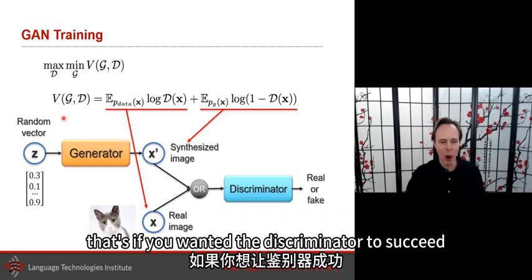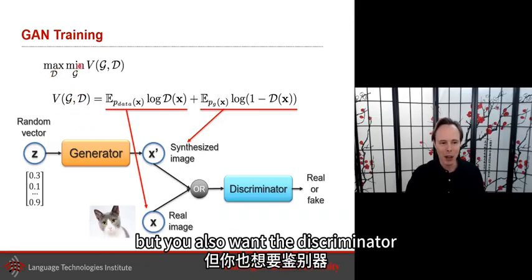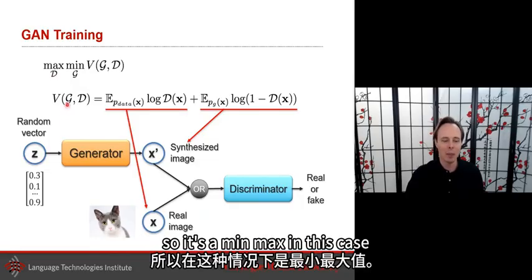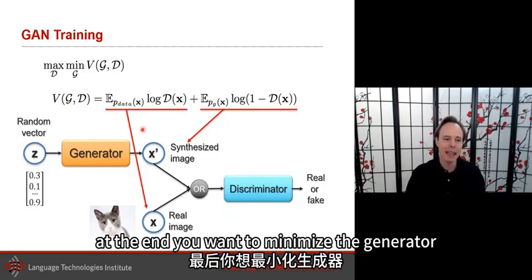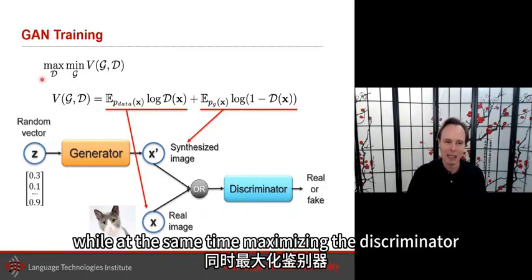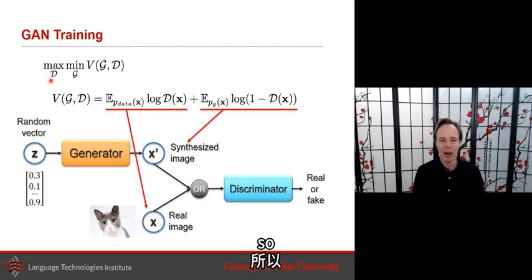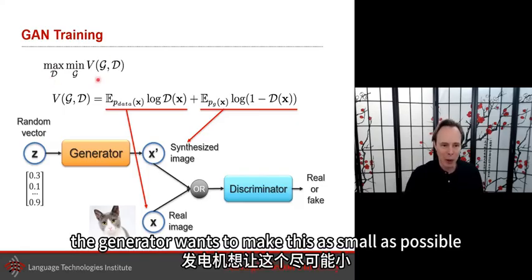That's if you wanted the discriminator to succeed, but it's a min-max in this case. At the end, you want to minimize the generator while at the same time maximizing the discriminator. So the generator wants to make this as small as possible.